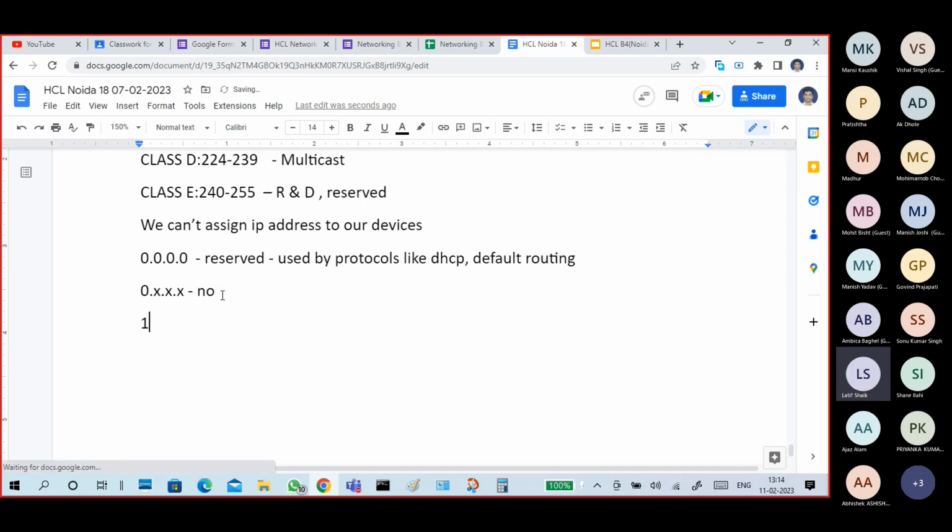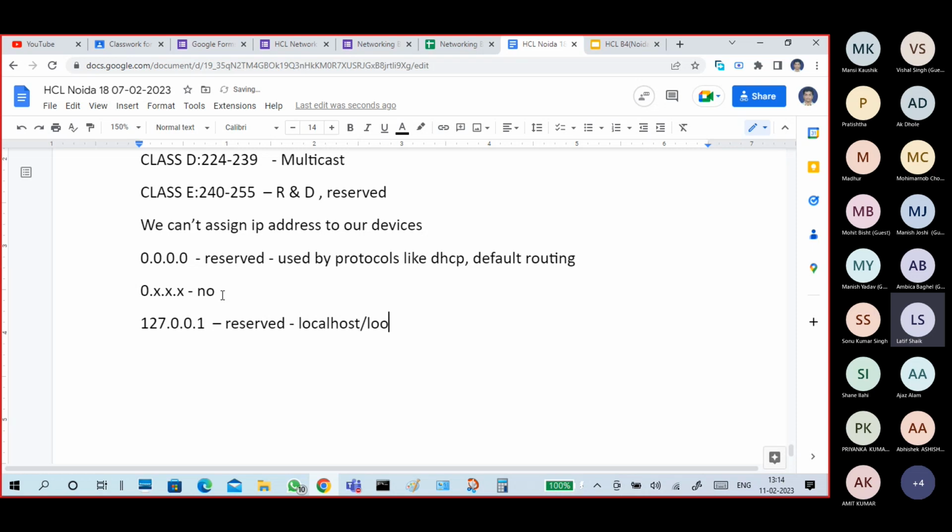The next one is 127.0.0.1. Guys, this is a very important one. It is also reserved for localhost or loopback ID. Some people say localhost, loopback ID or loopback IP address. Okay, so it is reserved.